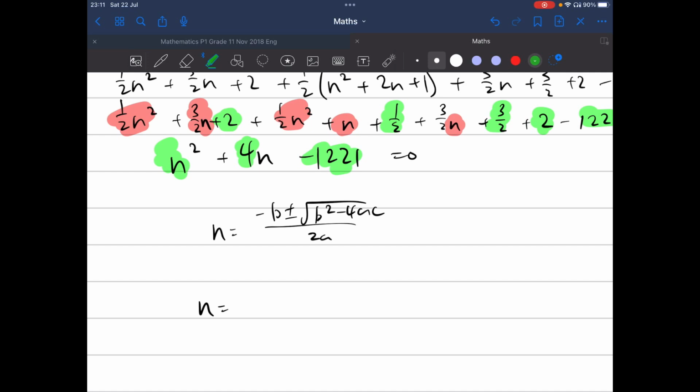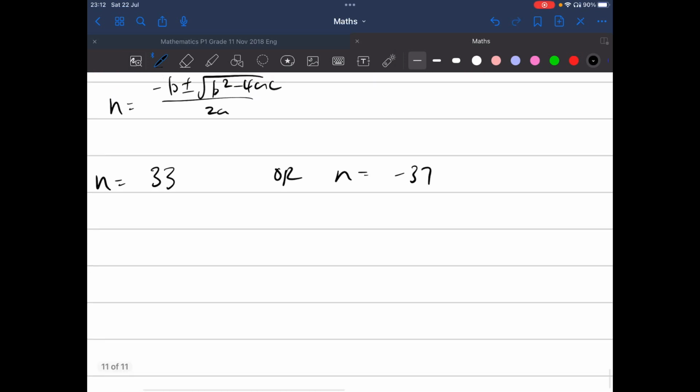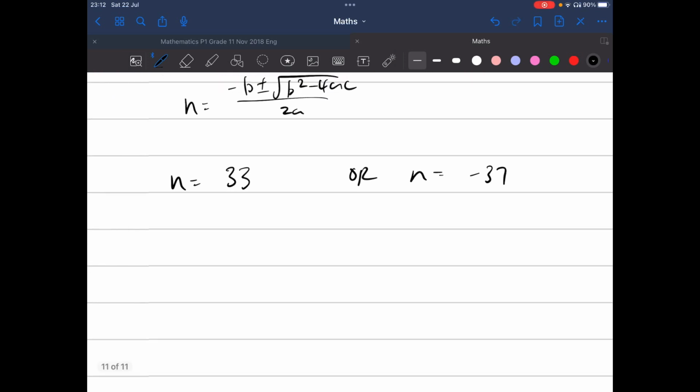Okay, all over 2a, so 2 times 1, and that gives us 33, or n is equal to, and now in place of plus I'll put minus, 37. Okay, again we can only have a positive thing, so this is the right answer and this is not right.